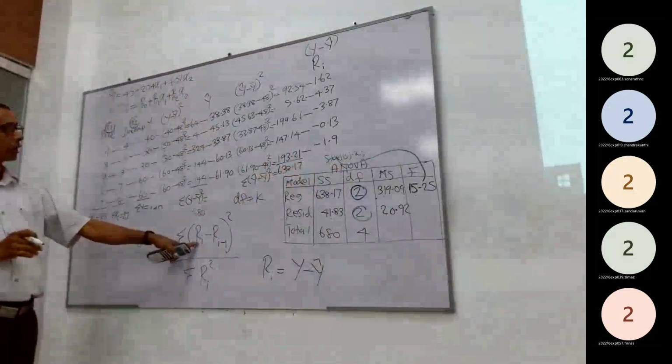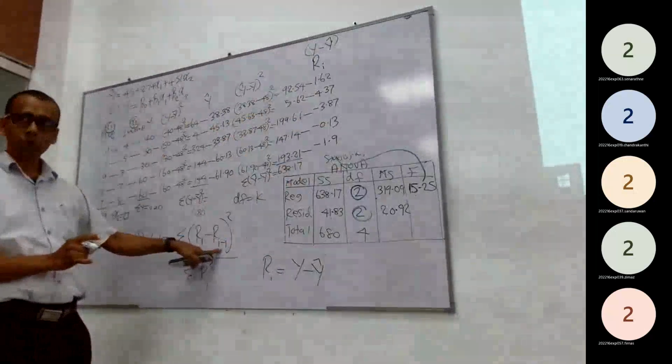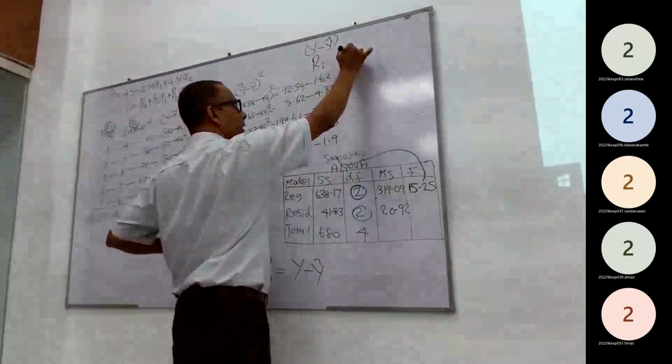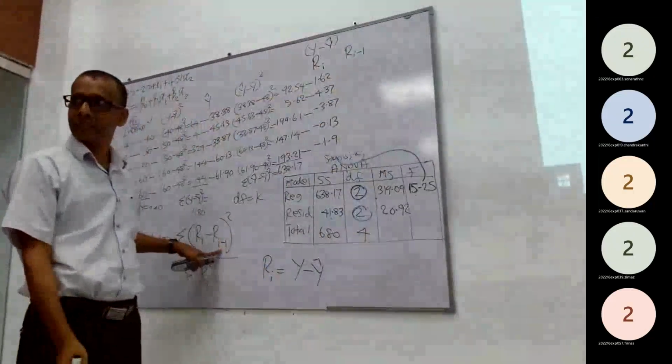I need to take residual Ri and Ri minus 1, which means the previous residual, then the current residual.